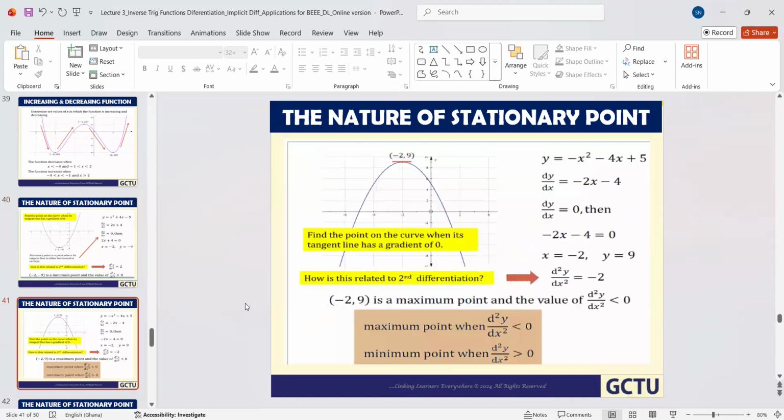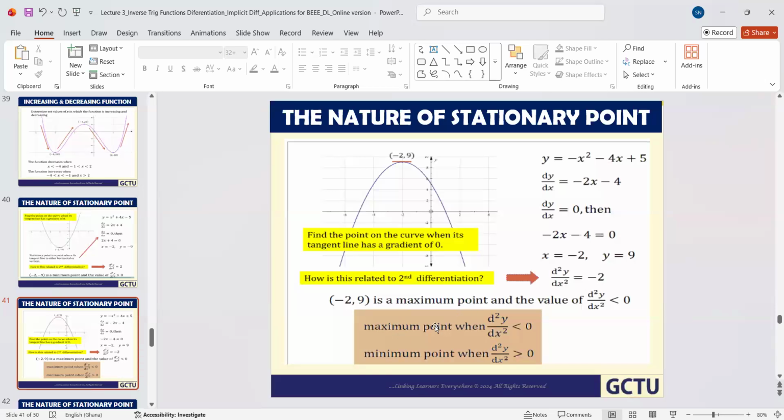Okay, I think there's another example here. Yes, this one. So this is (-2, 9). Again, when you differentiate the equation, the first time we got -2x minus 4. So we know the turning point as (-2, 9). Now, if you differentiate -2x minus 4 again, you get -2.